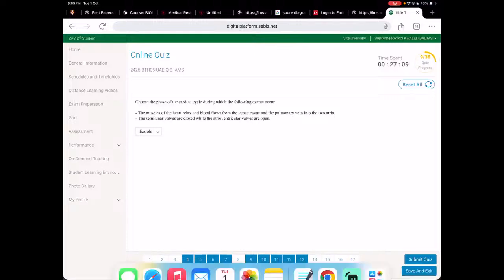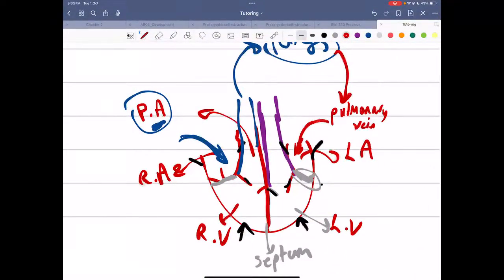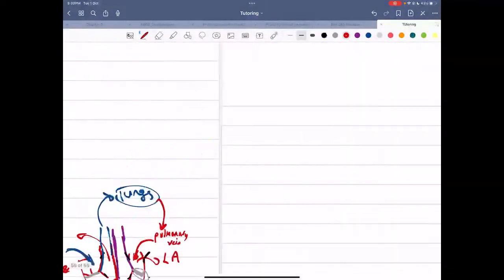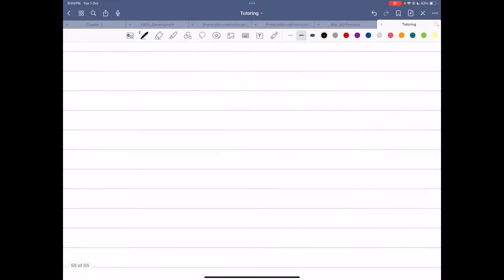Okay, so right here, didn't we speak about the three phases? Okay, look, let's do something else. I'm going to explain the cardiac cycle again and the blood flow again, so everyone can benefit from it. Just let me try to draw the heart in a nice way.